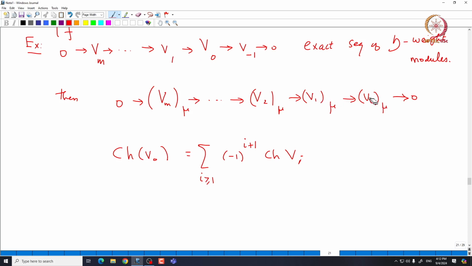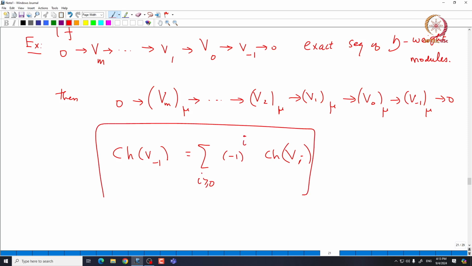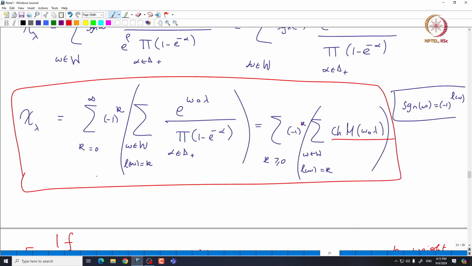You then write the character of V minus 1 as the sum over i greater than or equal to 0 of minus 1 power i times the character of Vi. Now using this simple exercise, you can easily see that this identity is true from the BGG resolution.